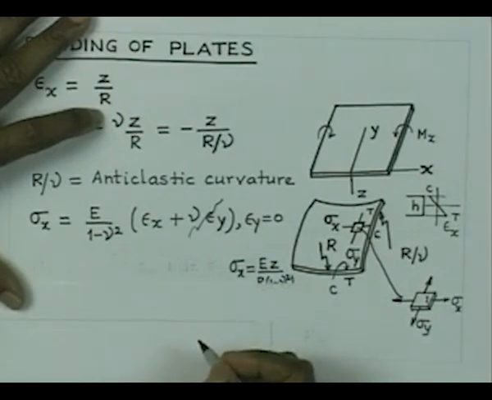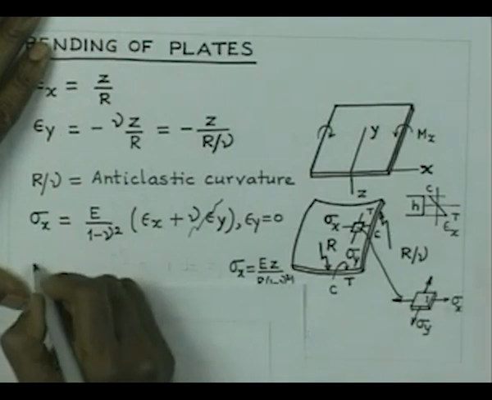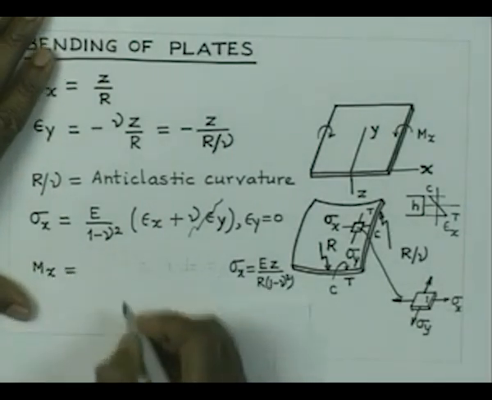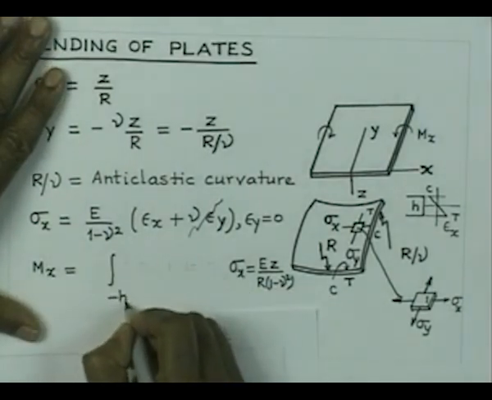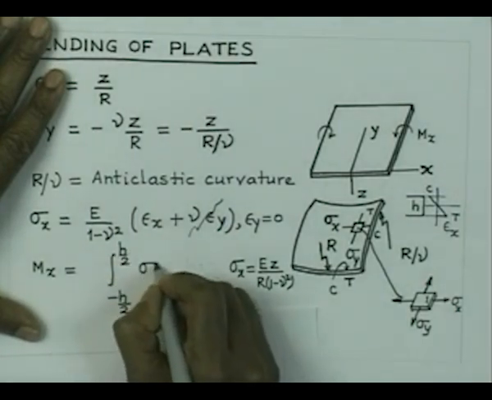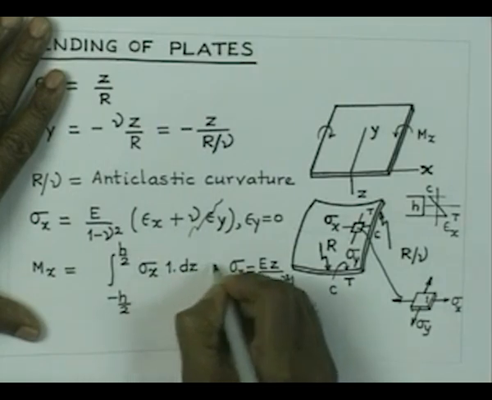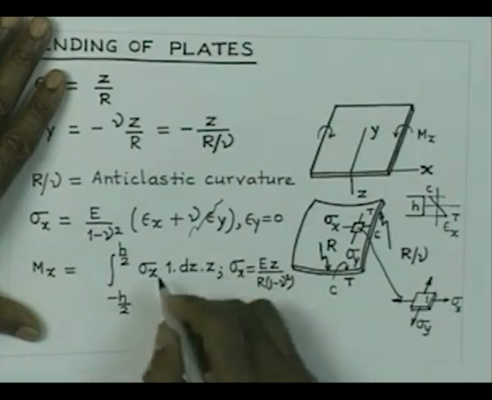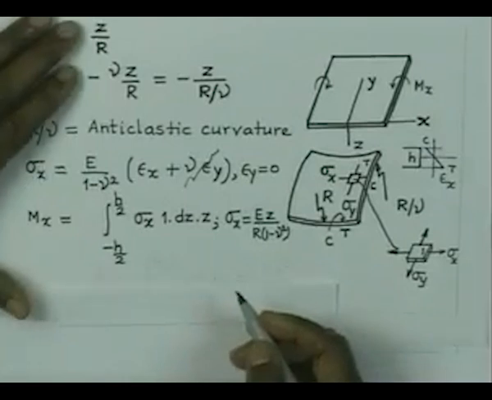If I want to calculate the moment produced per unit length in the y direction, then that moment we indicate by mx. This is going to be given by integration of sigma x multiplied by 1 into dz into z. So, integration of this quantity will give us the moment per unit length. This is a simple integration.